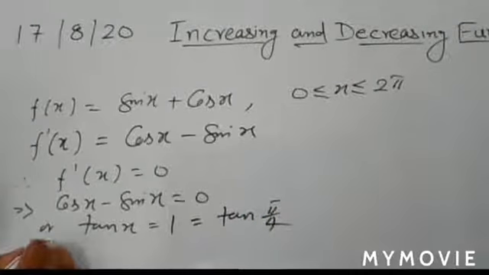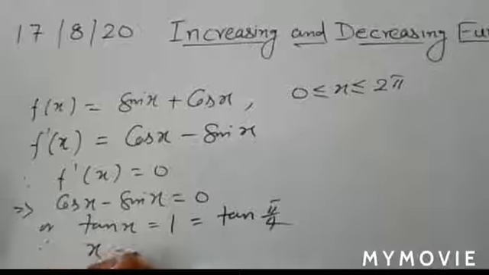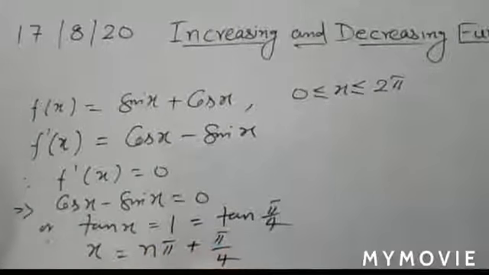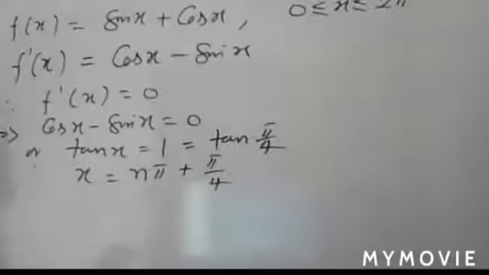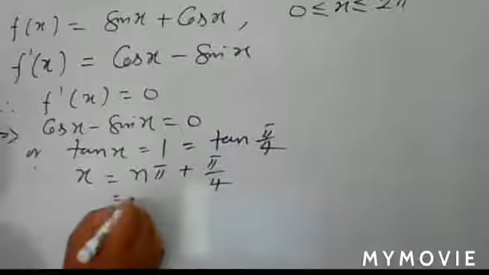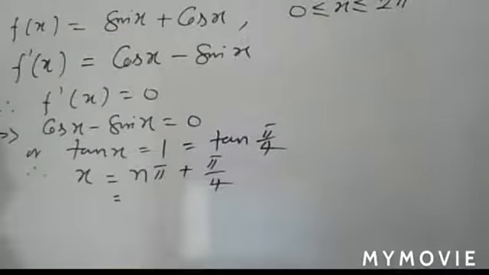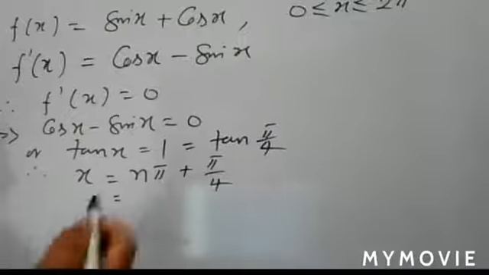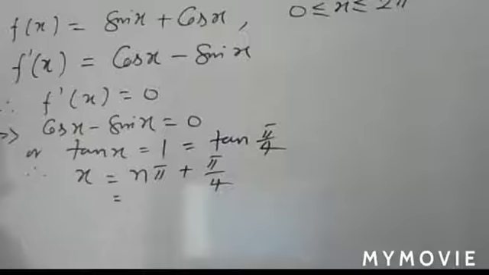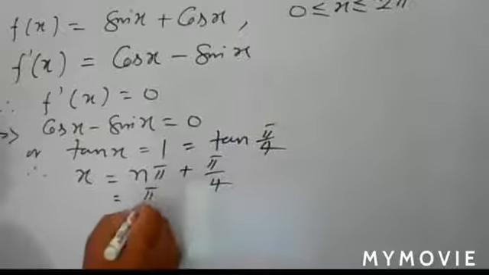Understand? Now its general solution is x = n pi plus pi by 4. Then you find all the possible values of x lying within 0 to 2 pi. If you put n equal to 0, you have pi by 4.